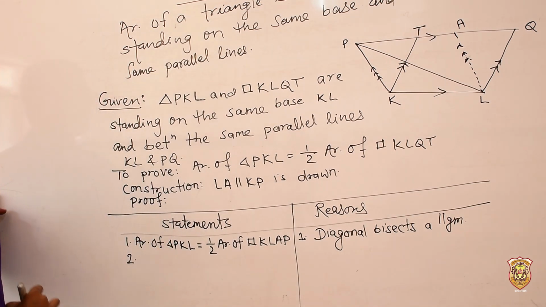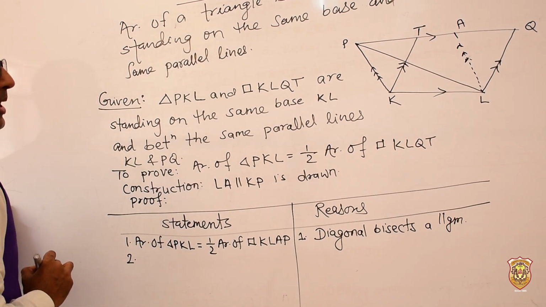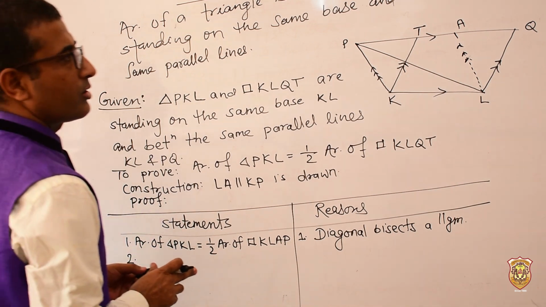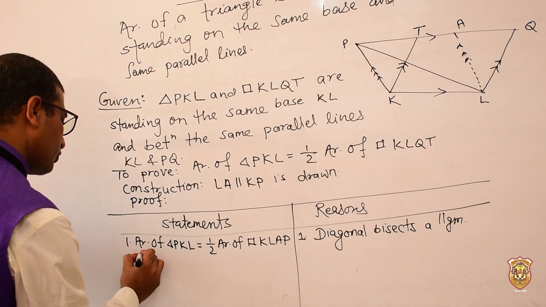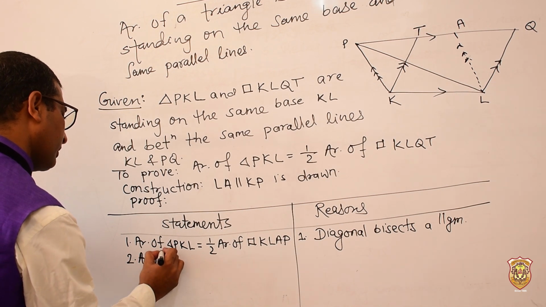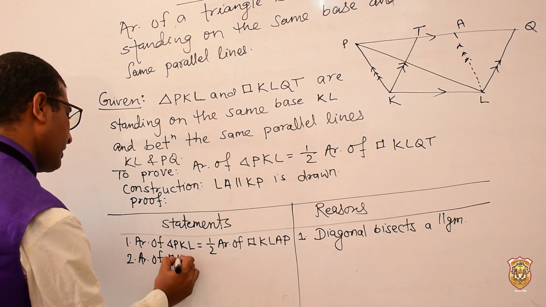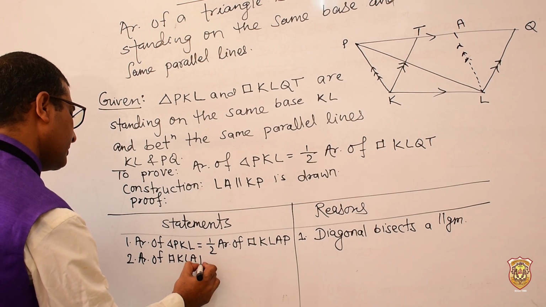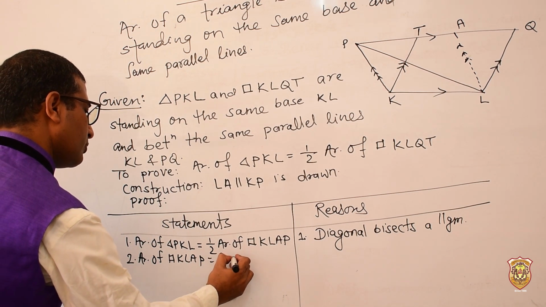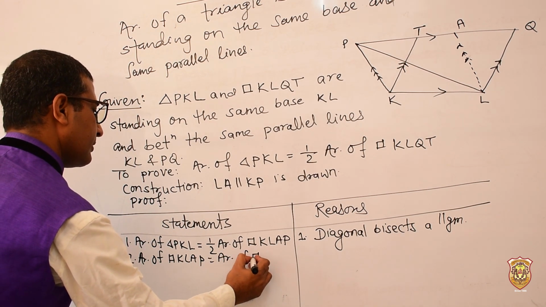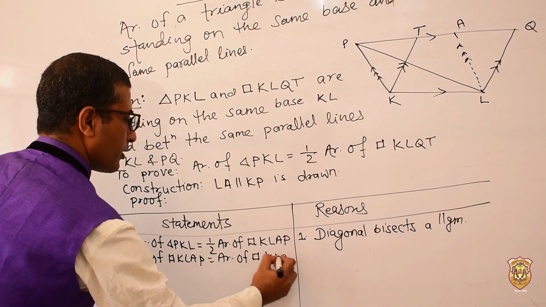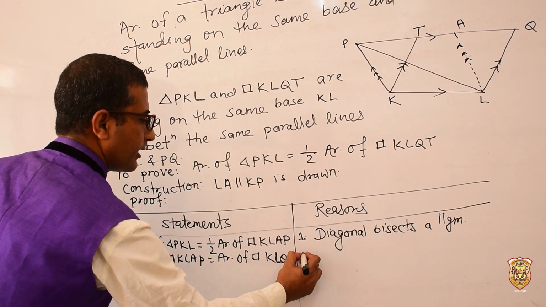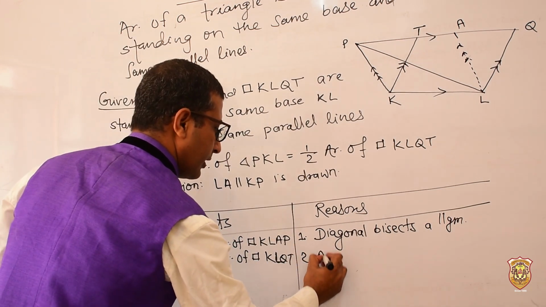And in the first theorem, we learned the areas of two parallelograms are equal when they are standing on the same base and between the same parallel lines. Here we have two parallelograms: first KLAP, then another, KLQT. Both are equal in area.